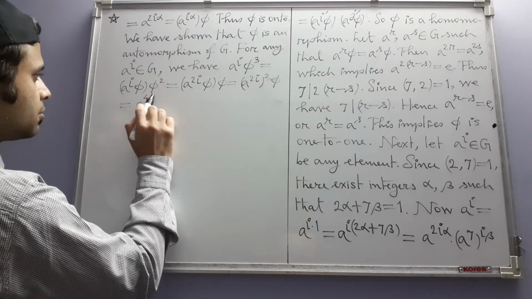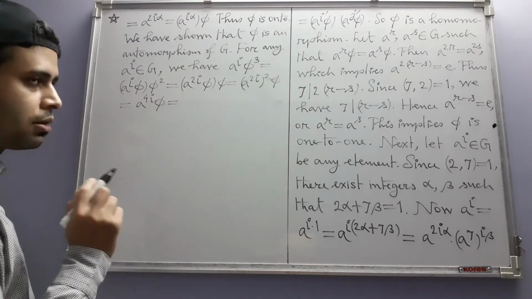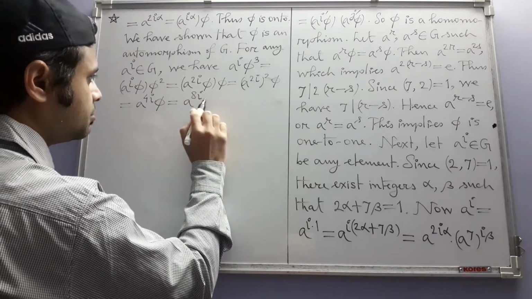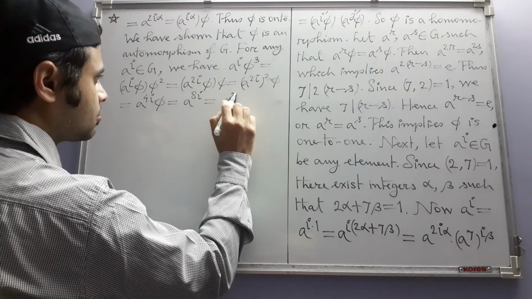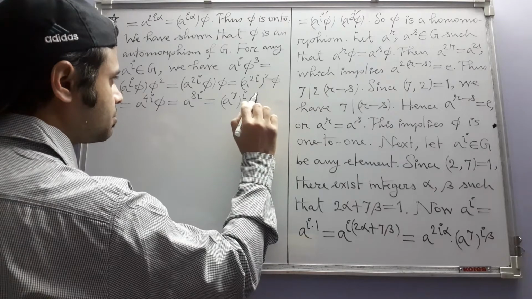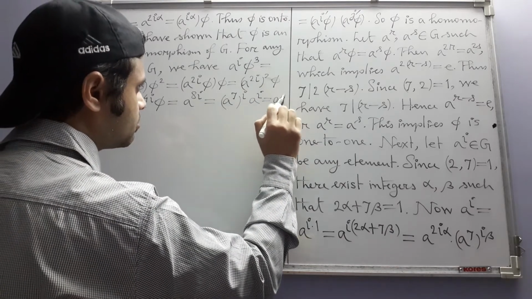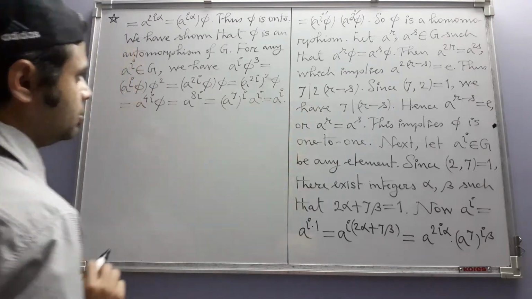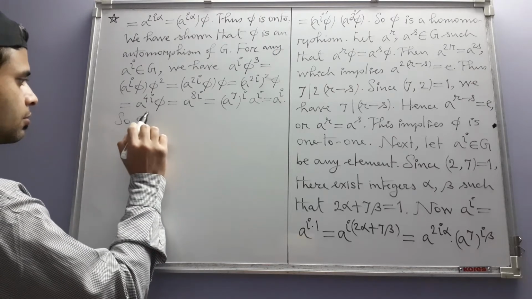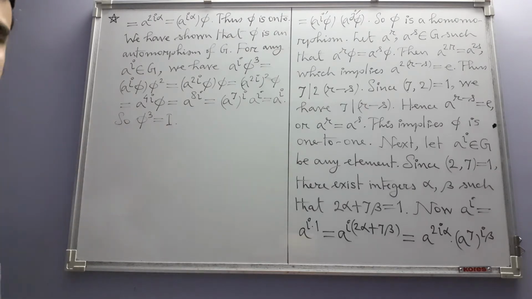So we get 4i. And just like that, when you apply one more phi, you get one more 2. So you get 8i. And this, if you arrange the things properly, is this, which is equal to a to the power i. So phi cubed is the same as the identity map on G.